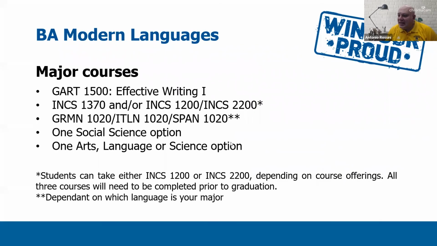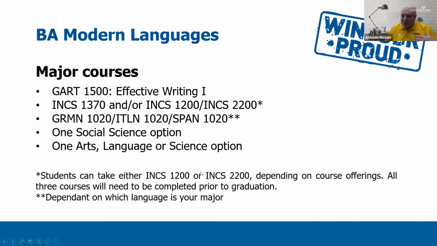so that takes us to recapitulation. Major courses, as we said, GART 1500, Effective Writing Part 1, and then INCS 1370, and possibly INCS either 1200 or 2200, and then your choice between German, Italian, and Spanish language intensive training.